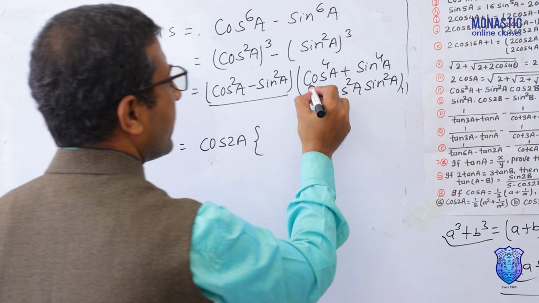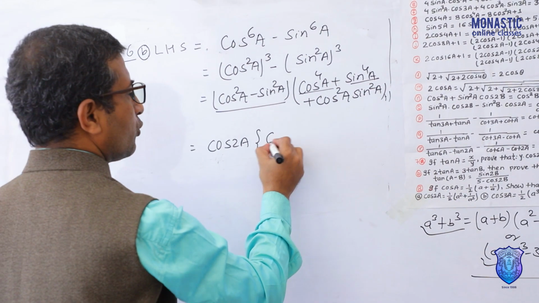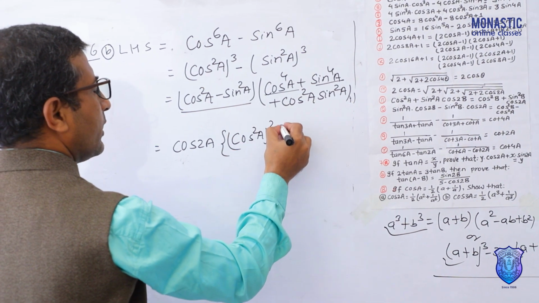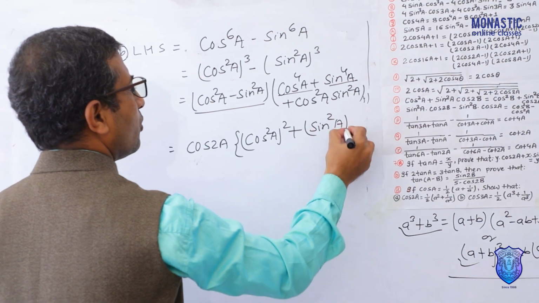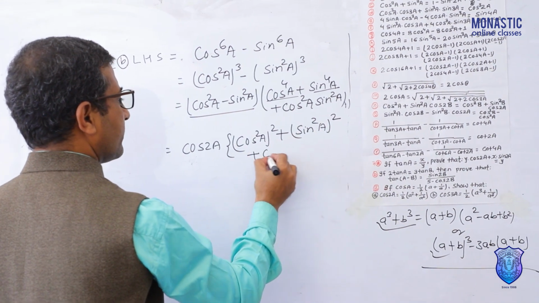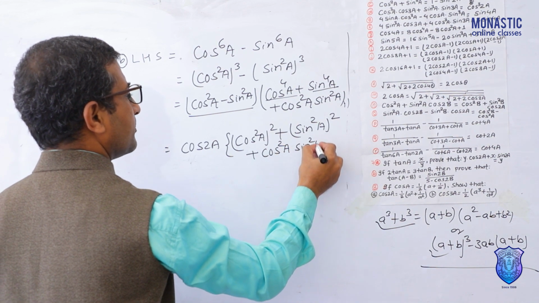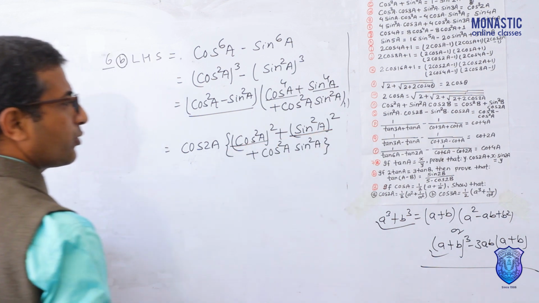Now we can arrange this in the form of a square plus b square. So we can write (cos square A) whole square plus (sin square A) whole square plus cos square A sin square A. Now it's the formula of a square plus b square.